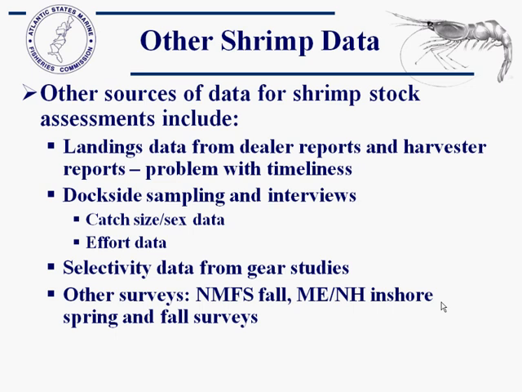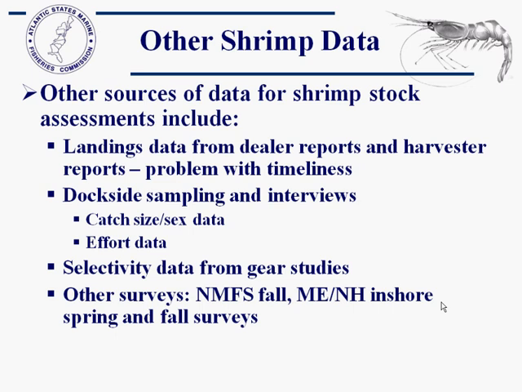But we do rely heavily on the landings data from the dealer reports and the harvester reports. We've been using the harvester report data for the assessment since 2001 because it is a little more complete than the dealer reports, which are only from wholesalers and processors. The dealer reports don't yet include the peddler sales, but the harvester reports do.